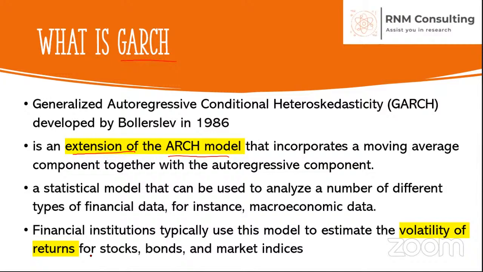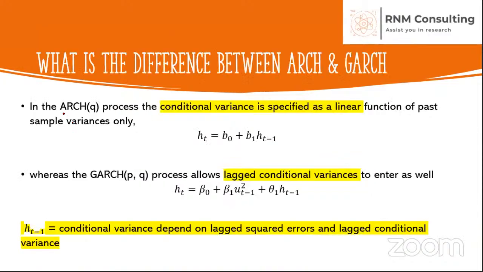It's also for volatility of stocks, bonds, and market indices, because this is extended for the GARCH model. So they have other variables or another component added in the model. So we can see the difference from the ARCH. It is on the conditional variance specified as linear. This is the ARCH model.